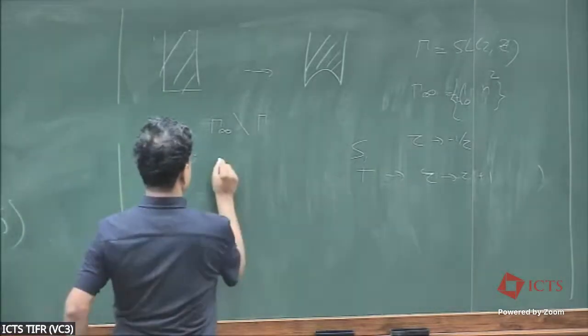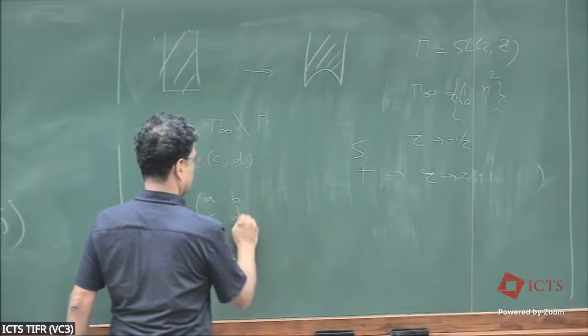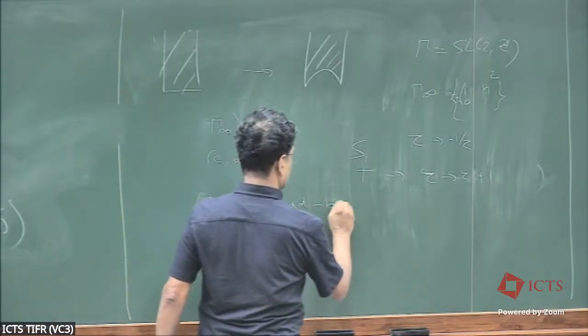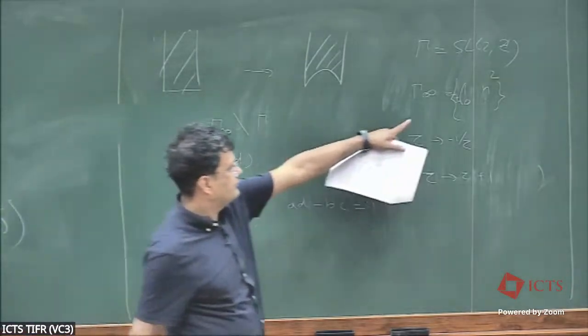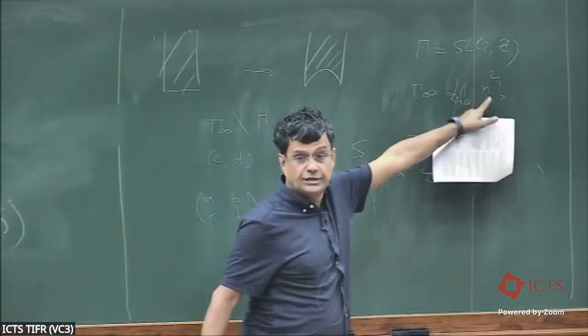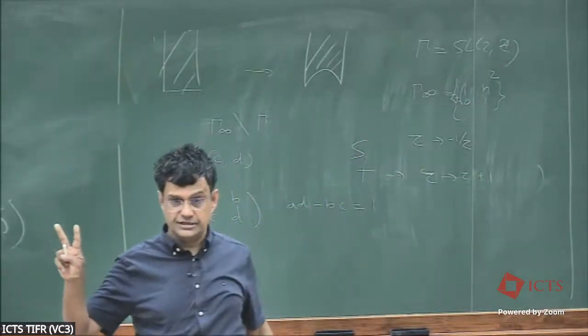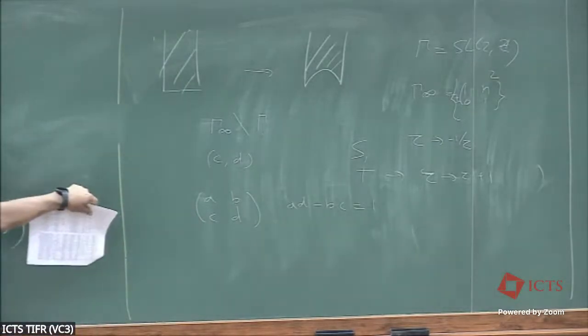And they are labeled by C and D. Basically, if you start with ABCD, AD minus BC equal to 1, which is the SL(2,Z) element, you basically have 3 integers. Using the Gamma infinity, which has 1 more integer, you're left with 2 integers to label each member of this coset, and you can label them by CD.